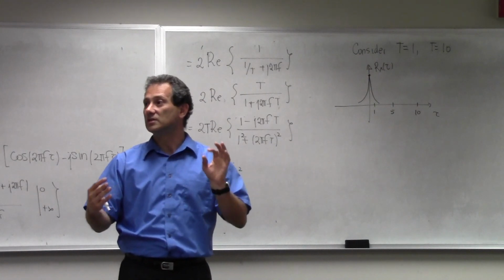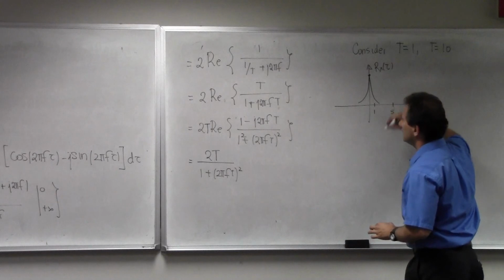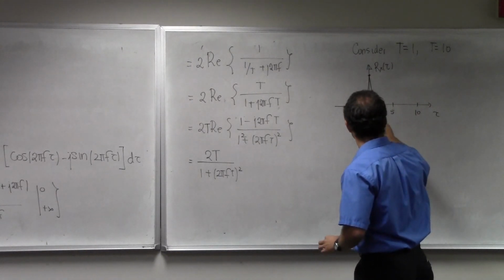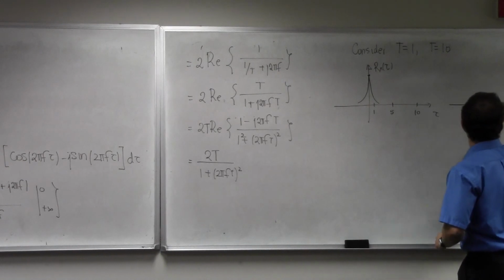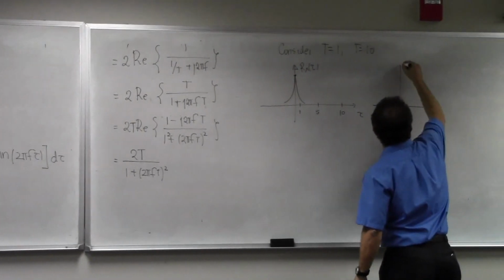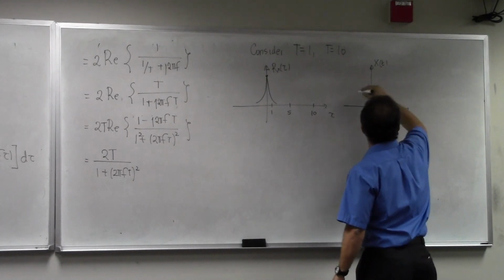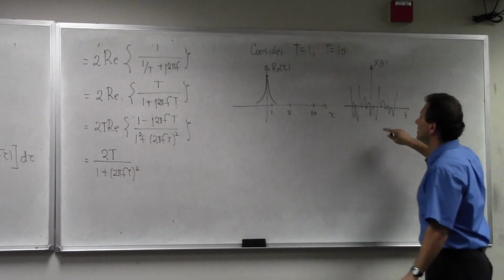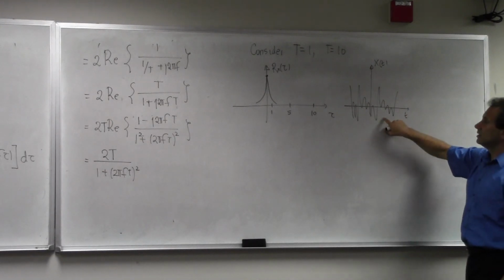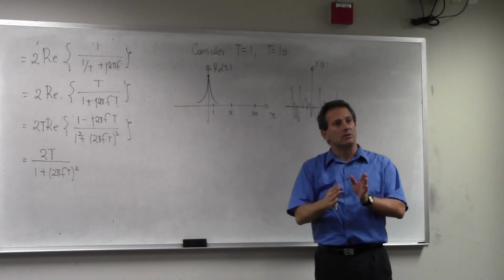So this is a fast signal. Let me plot the time domain. This would be x of t. It will be like this. The signal is changing very fast. Therefore, its autocorrelation function is narrow, right?